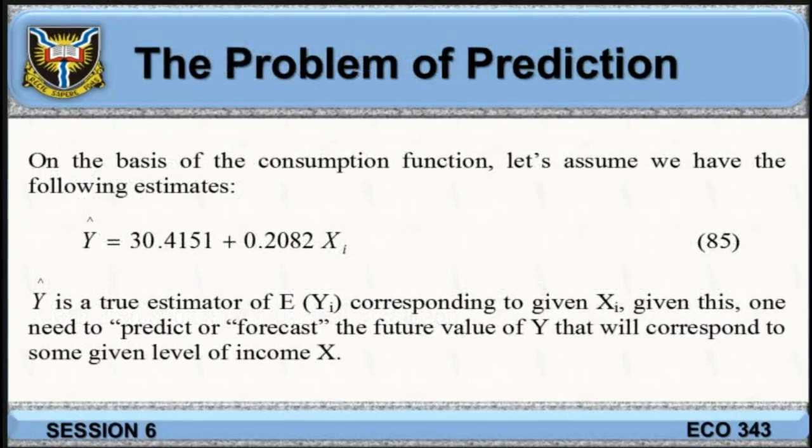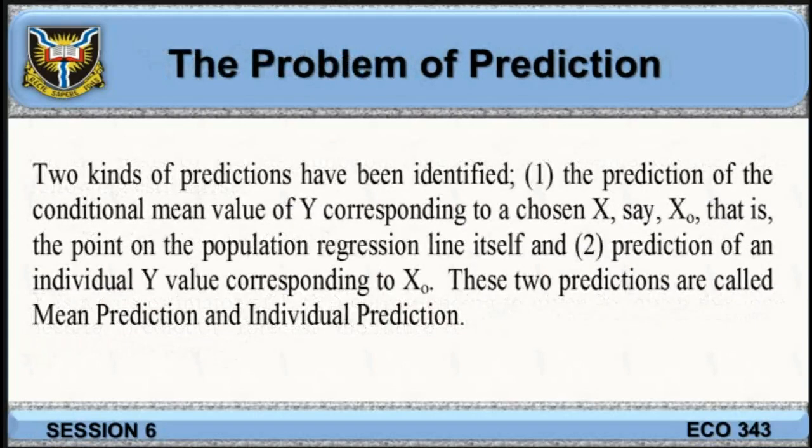Y hat is an estimator of E(Yi) corresponding to a given Xi. Given this, one needs to predict or forecast the future value of Y that will correspond to some given level of income X. Two kinds of predictions have been identified.